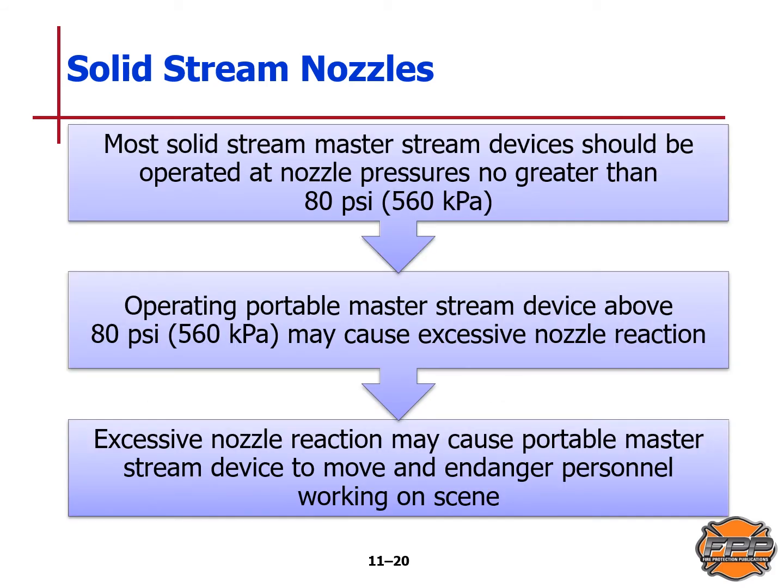Most solid stream master stream devices should be operated at a nozzle pressure no greater than 80 psi, which is 560 kilopascals. Operating a portable master stream device above 80 psi may cause excessive nozzle reaction. This excessive nozzle reaction may cause portable master stream devices to move and endanger personnel working on scene.